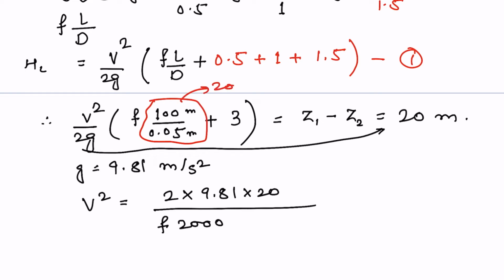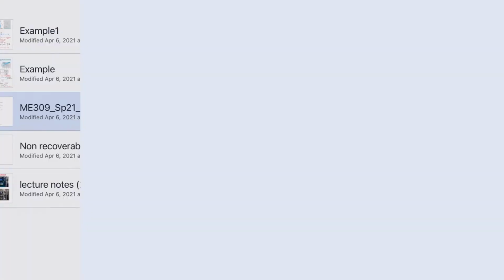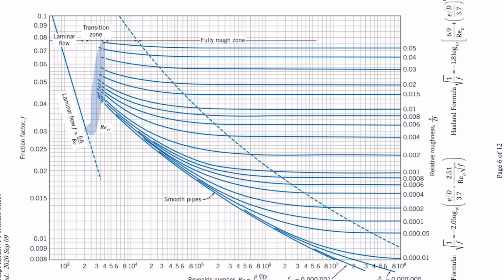Again, because the velocity is unknown, in the Moody chart we need to calculate the friction factor, and we need to know the Reynolds number.